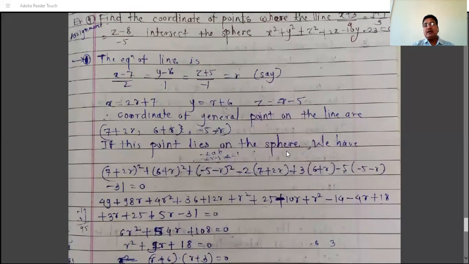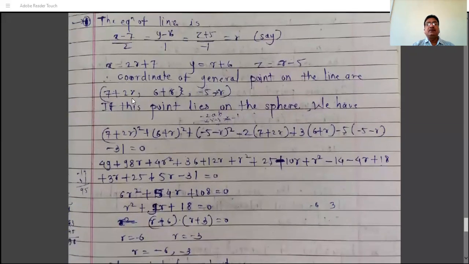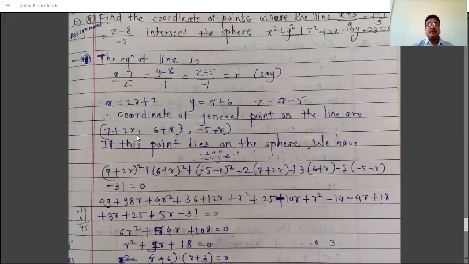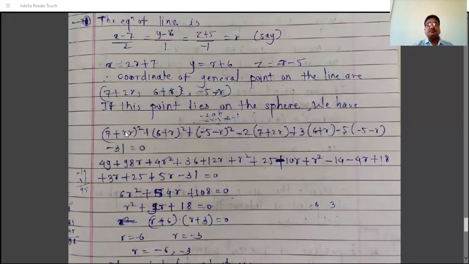Now if this point lies on the sphere, then what do we have? This point satisfies the equation of the sphere. That is, substitute x as 7 plus 2r, y as 6 plus r, and z as minus 5 minus r in the equation of the sphere.